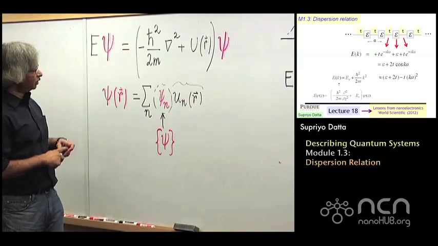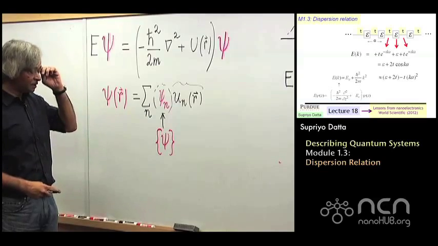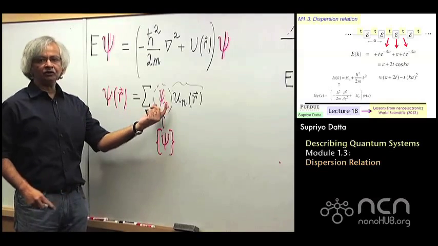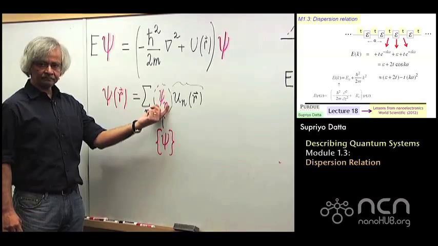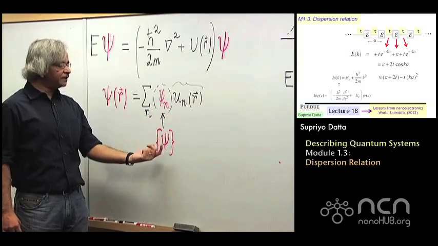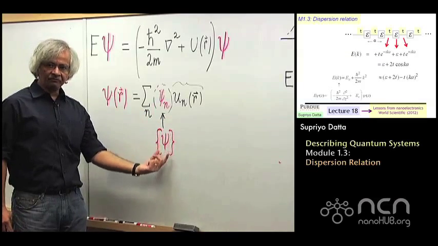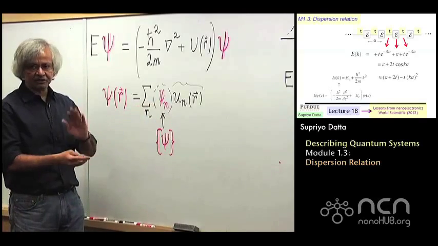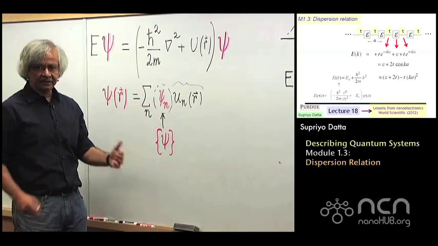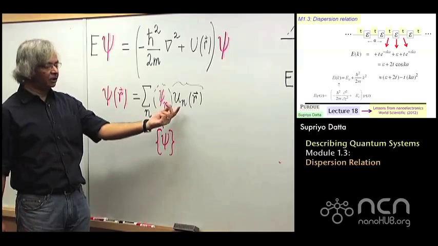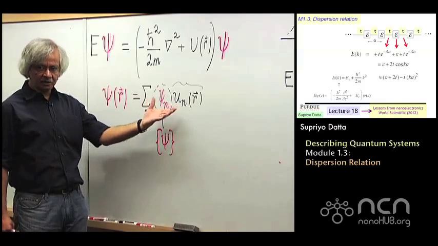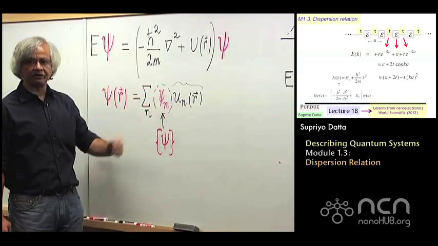So what was an unknown function then becomes a set of unknown coefficients, which you could write in the form of a column vector. So you could have psi1, psi2, psi3, etc. And the length of the column vector would depend on how many basis functions you use to represent your wave function.